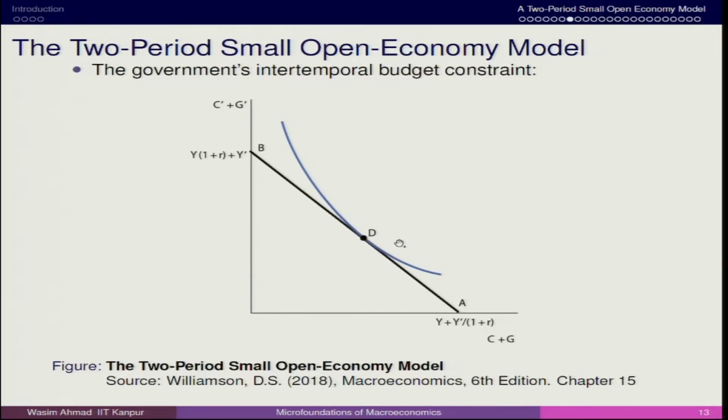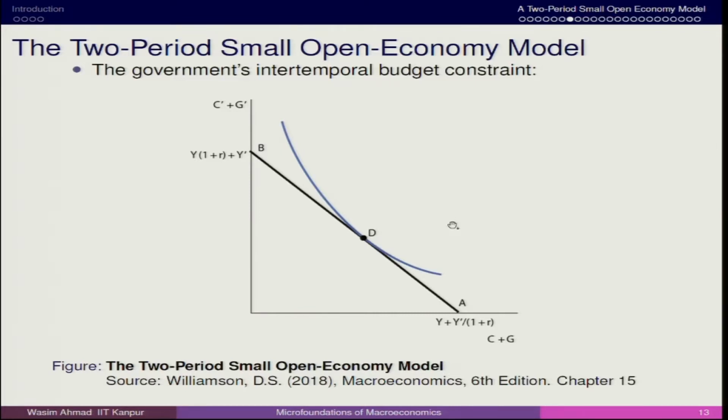D seems to be the most obvious choice. If you are focusing on B, it means you have no C plus G, and if you are at point A, you are missing C' plus G'. So, D seems to be the suitable point, and at this point you have the indifference curve tangent. This is, I would say, a very basic understanding of the 2 period small economy equilibrium.